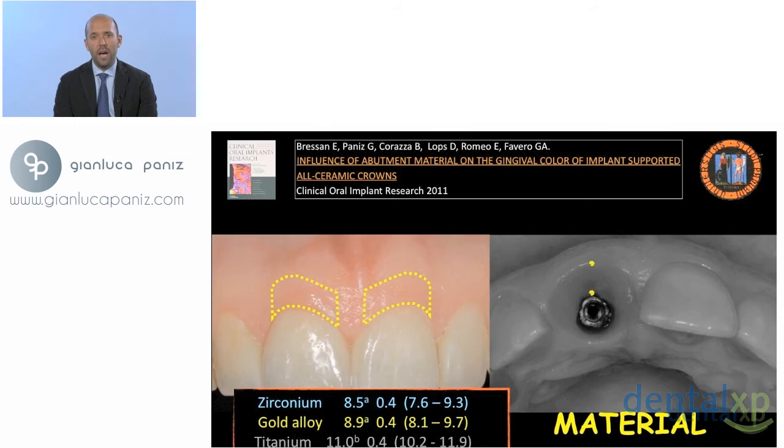But on the other side, gold abutments with yellowish color and zirconium abutments do not differ much. So if we have to choose our material for the customized abutment following aesthetic guidance, we don't want to select titanium, but we prefer to select gold or zirconium.